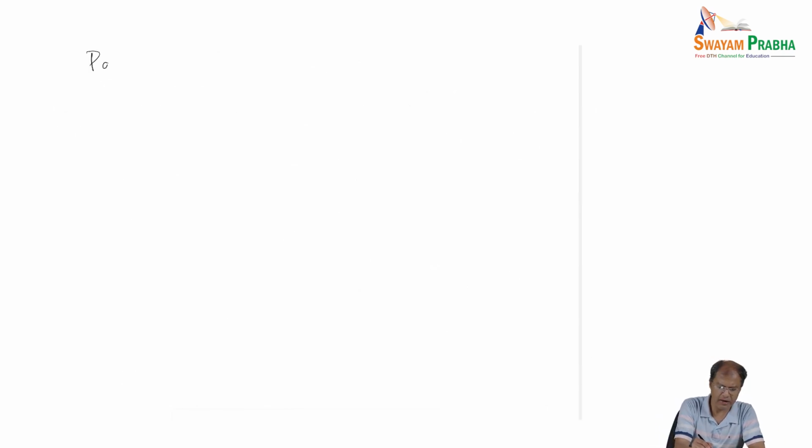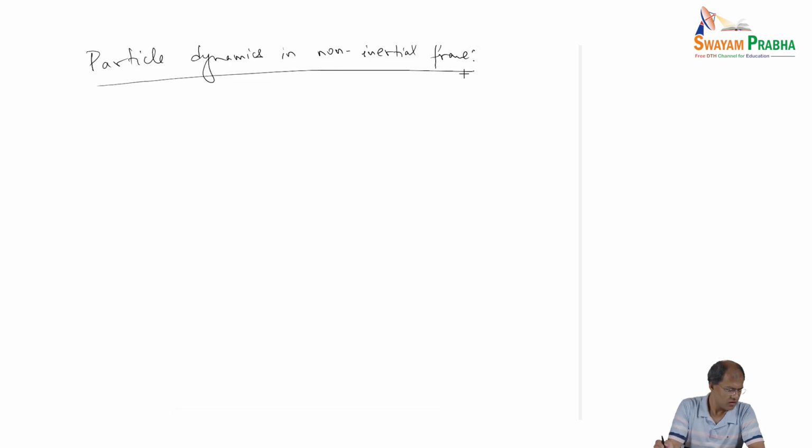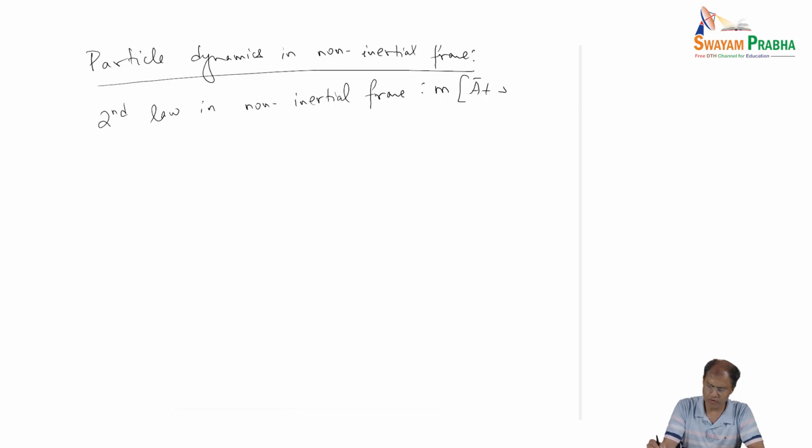We are now looking at particle dynamics in non-inertial frames, and we see that the second law in the non-inertial frame is m of A plus omega dot cross r prime plus 2 omega cross v prime plus omega cross omega cross r prime, plus a prime.